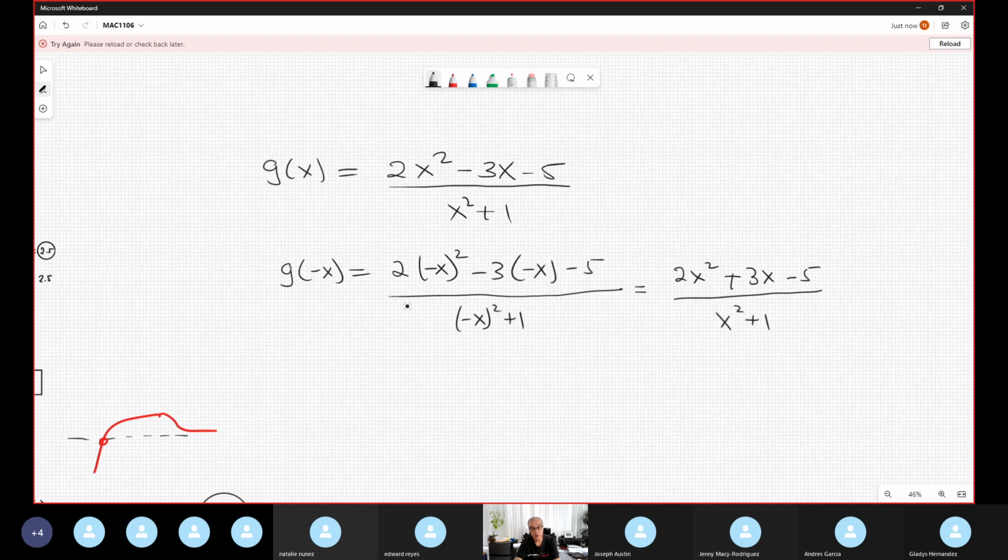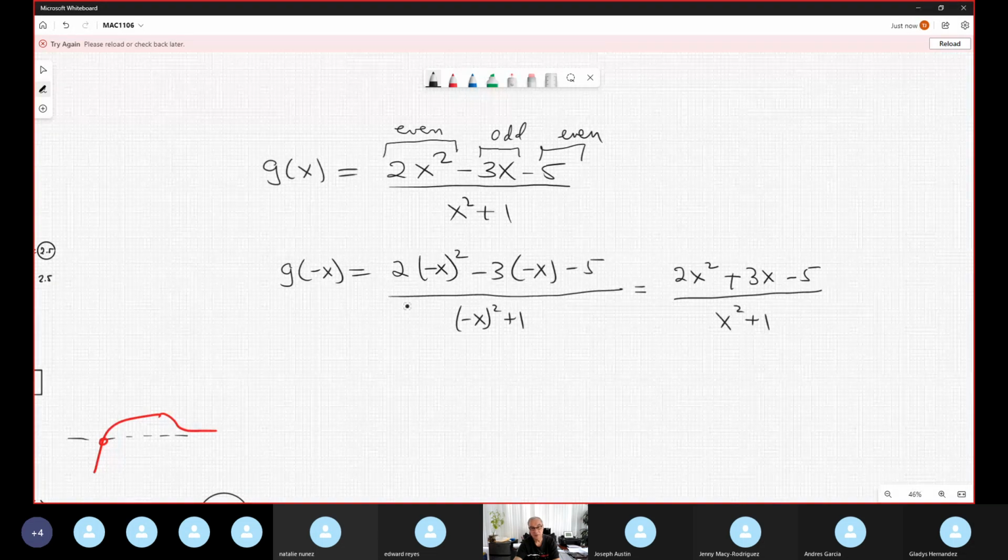It's almost similar, but no, because this function has combinations. This part alone is even, because the exponent is even. This part alone is odd, because the exponent is 1. This part alone has no exponent, but it's even, because a constant looks like an even function.